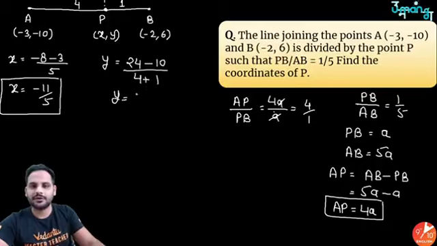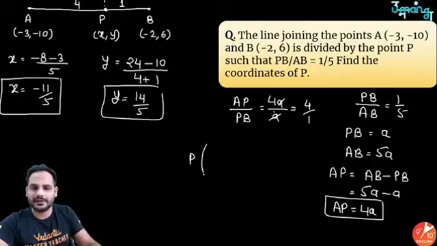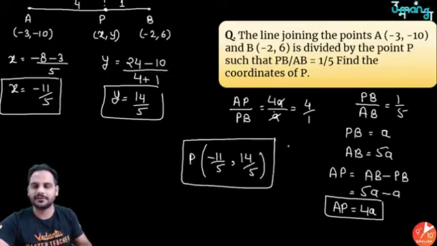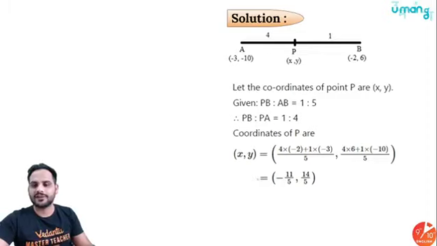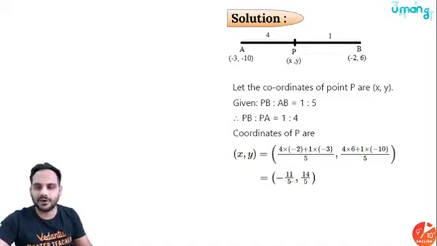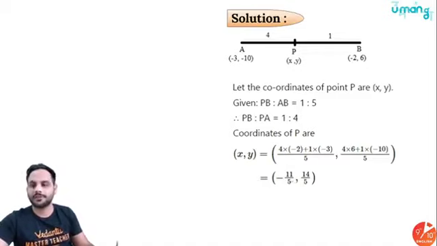So y is equal to 14 by 5. So the coordinates of this point P will be minus 11 by 5 comma 14 by 5. As simple as that. Got it? See how easy this diagram makes it to solve this part. So minus 11 by 5 comma 14 by 5 is the coordinates of this point P.